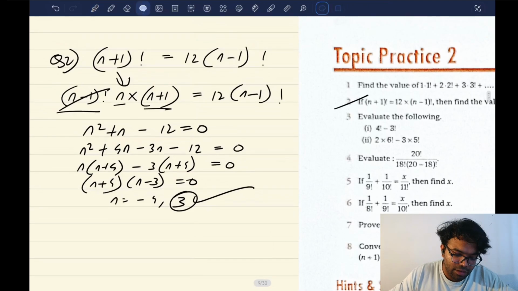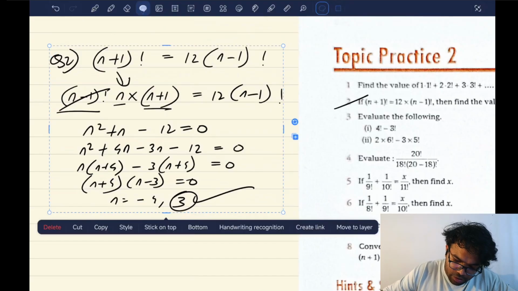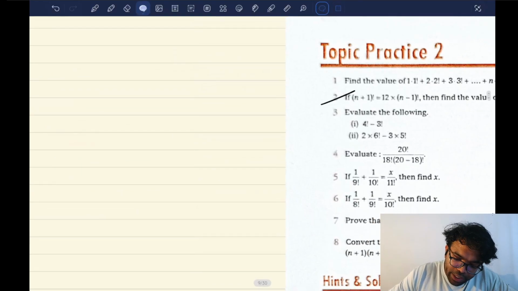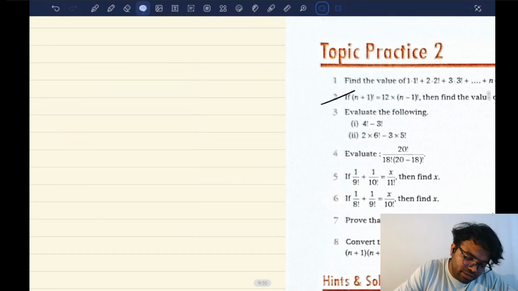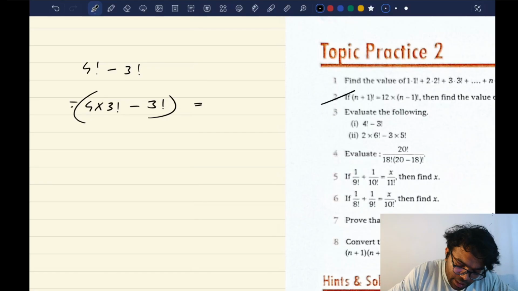Next. Done? Next. Evaluate the following. 4 factorial minus 3 factorial. 4 factorial minus 3 factorial is equal to 3 factorial into 4 minus 1, which is 3 factorial multiplied by 3.